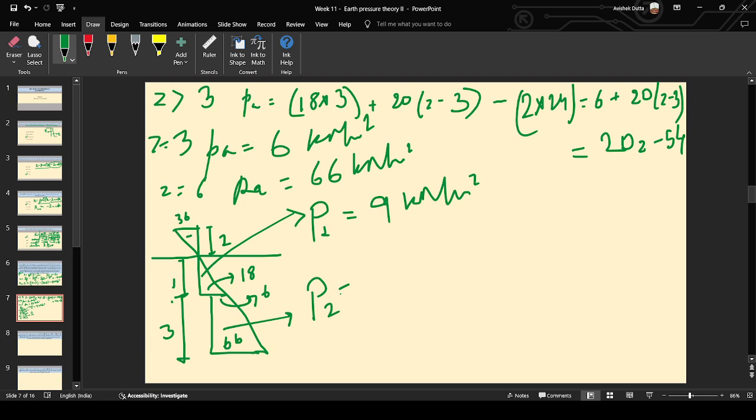Z bar, location of this P, if this is Z1, this is Z2, it will be P1 Z1 plus P2 Z2 divided by P1 plus P2. And this Z bar will have a value of approximately 1.26 meter from the base.